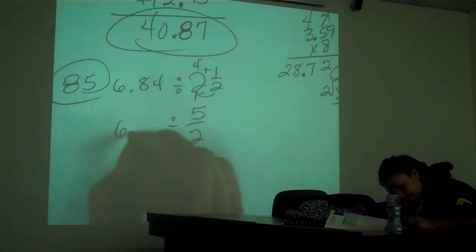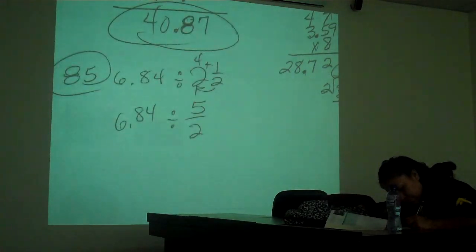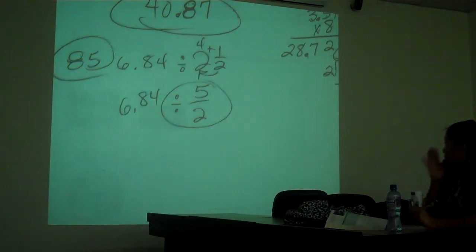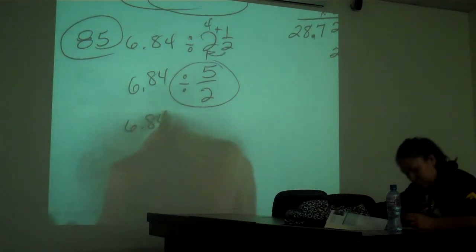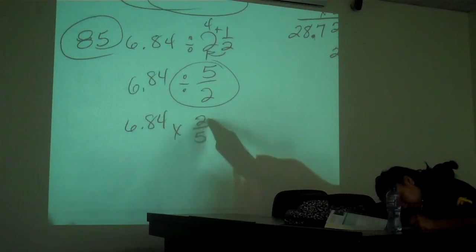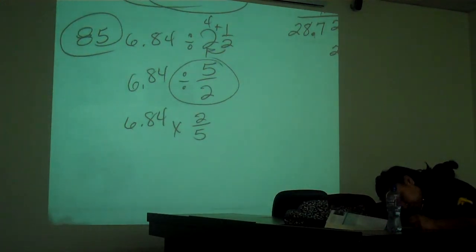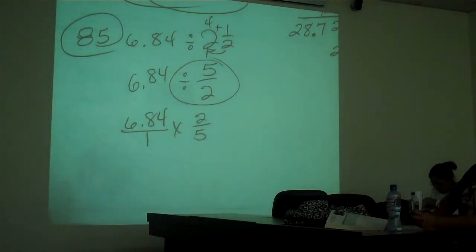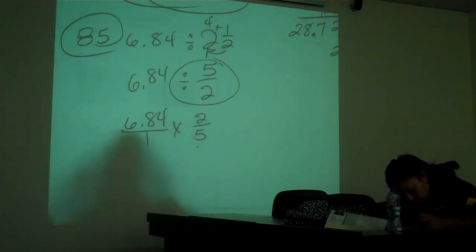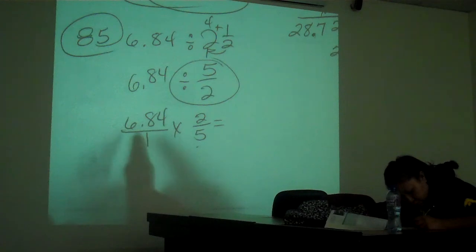You're dividing by 5 halves. So you're multiplying by the reciprocal, right? 6.84 times the reciprocal. Putting the 2 on top. Put that over 1. Can't do any dividing. So let's just do straight across.